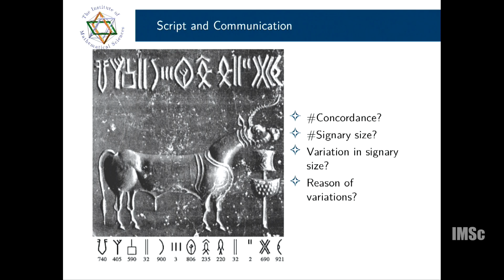The size of the sign list, the number of unique graphemes, will vary. The reason why this varies, I'm keeping for another talk, so I'll just move on to the other things.